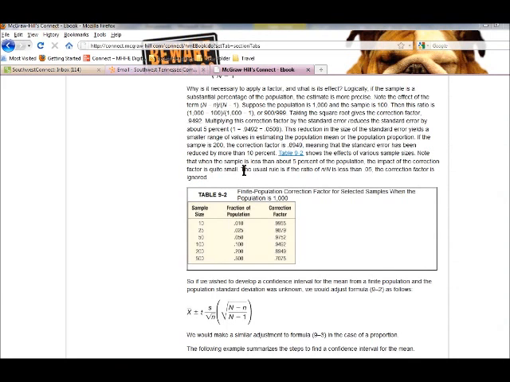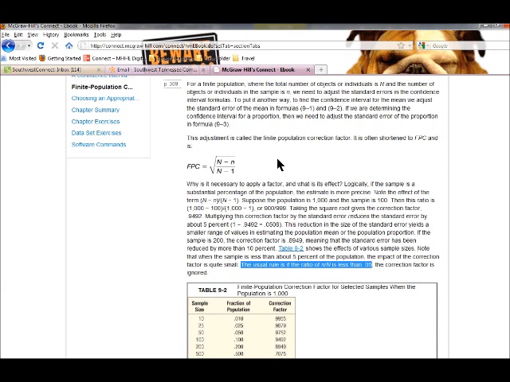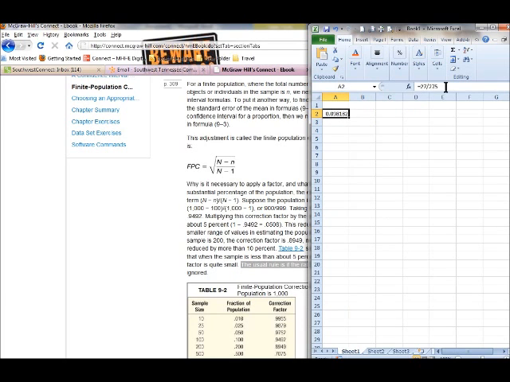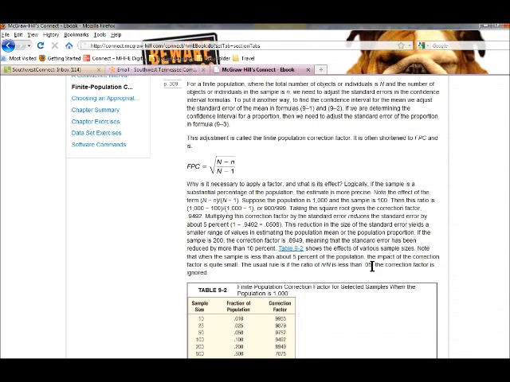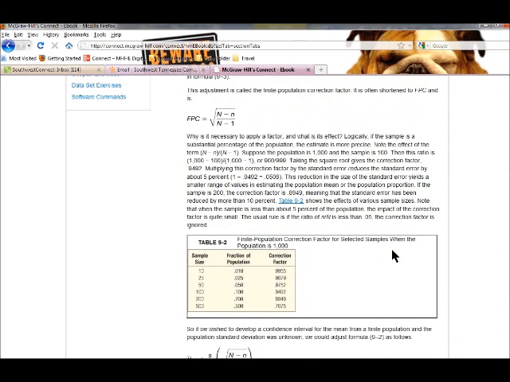So what they're saying is that the usual rule is that if the ratio of the sample to the population is less than 5%, then we can ignore this formula. If it's not, and in our case 27 divided by 275 is 9%, since this is greater than 5%, we have to factor it in. We have to use this correction factor.